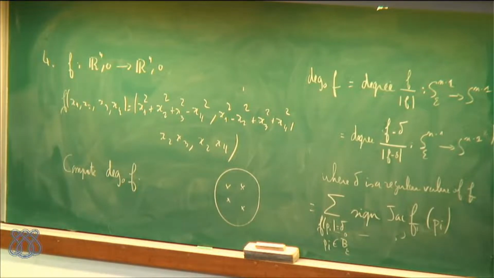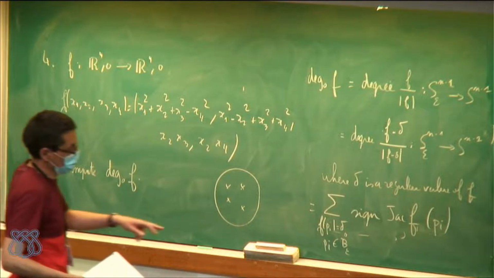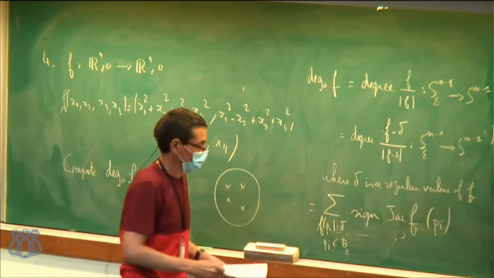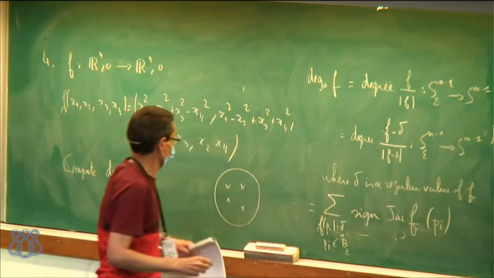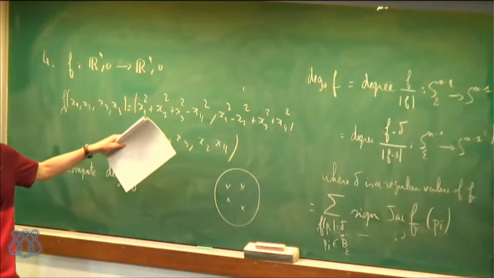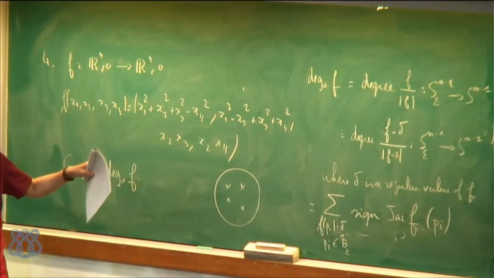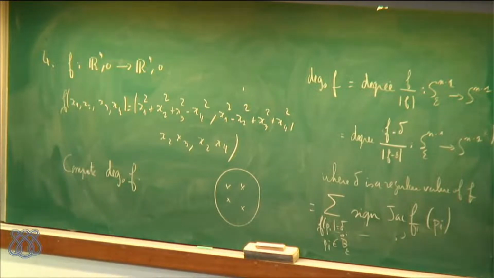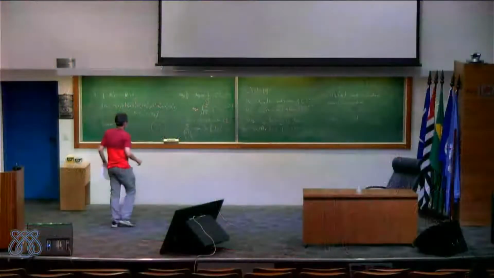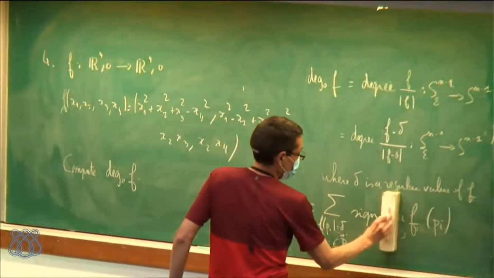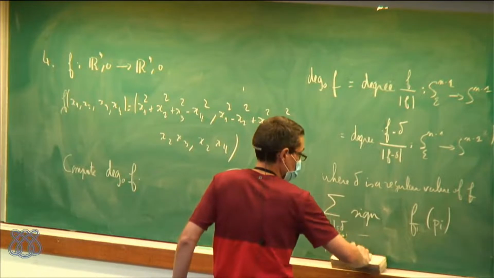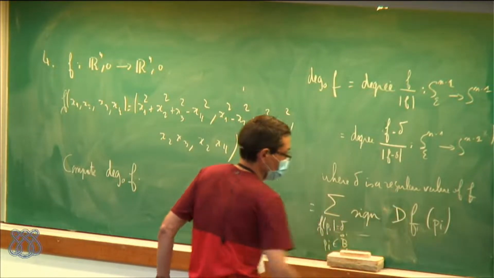So the idea to compute this is to choose a regular value and find its preimages inside the small ball. I will keep the notation of the course.